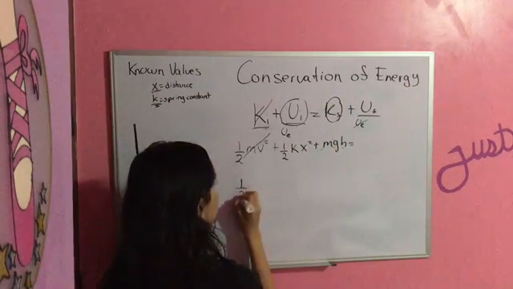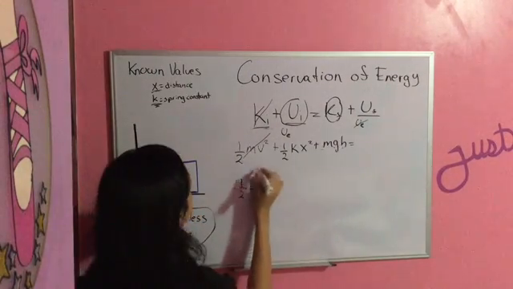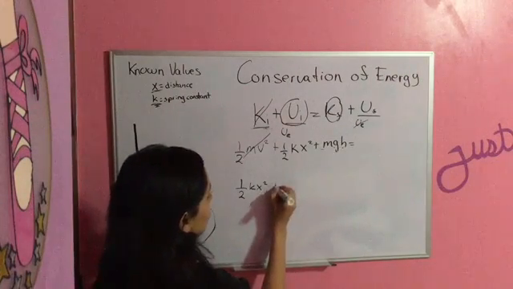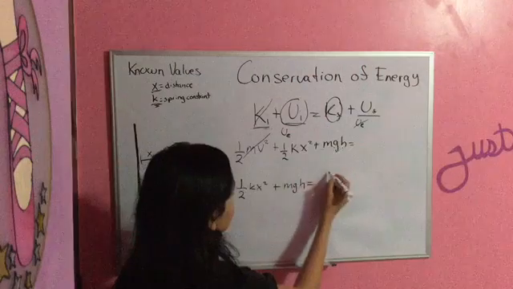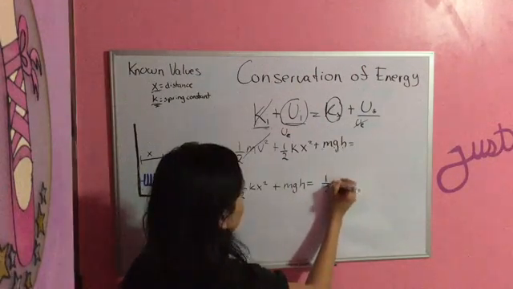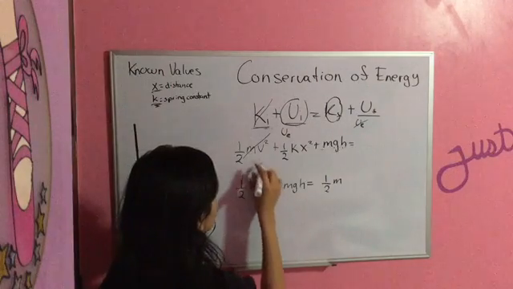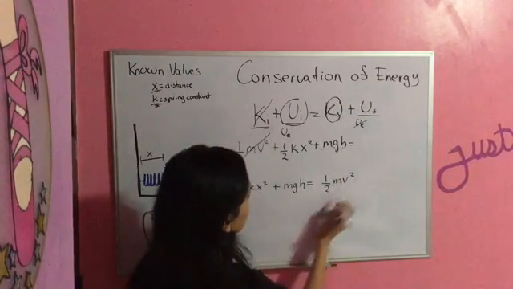So one half of the spring constant times the distance squared plus mgh equals one half of the mass times the velocity squared.